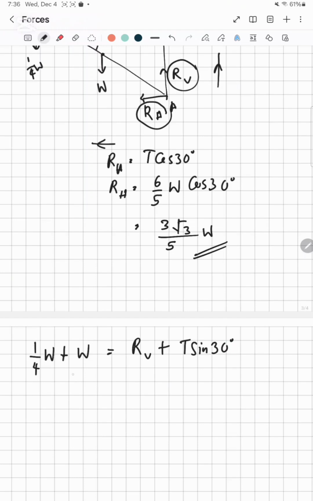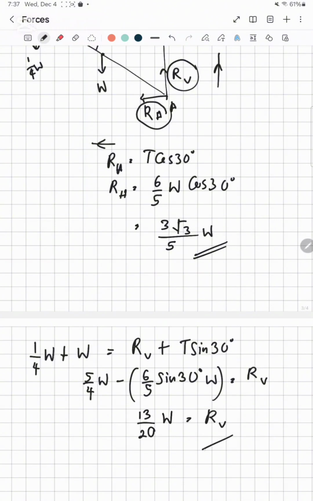So you get 1 over 4 plus 1 is 5 over 4. 5 over 4 W minus 6 over 5 sine 30 equals RV. This gives you 13 over 20 W. So RV equals 13 over 20 W.